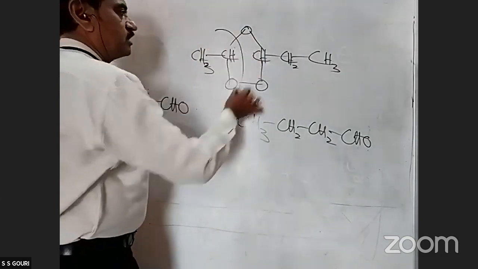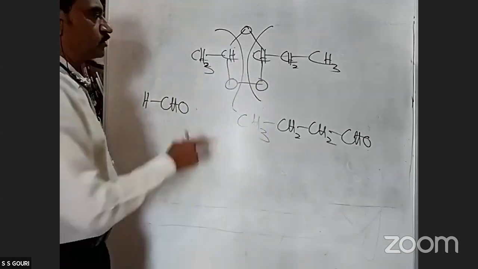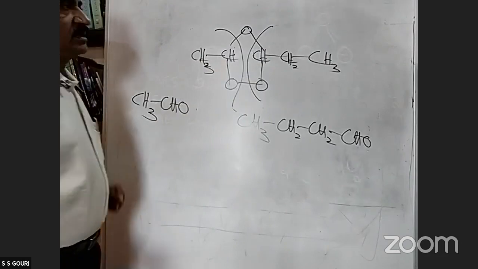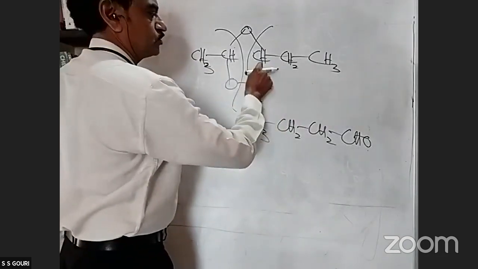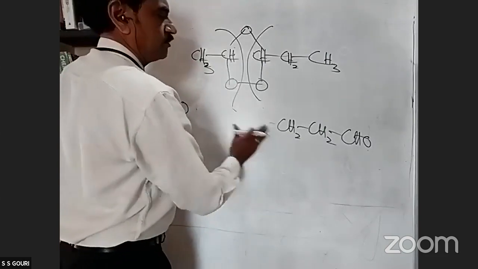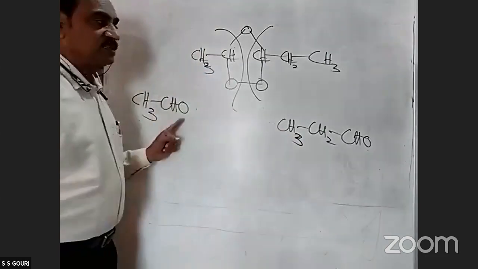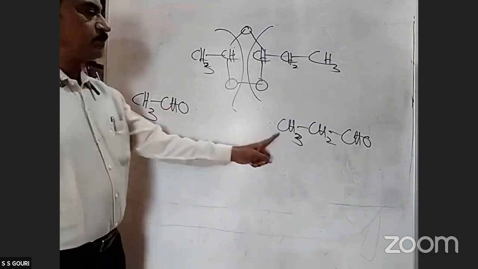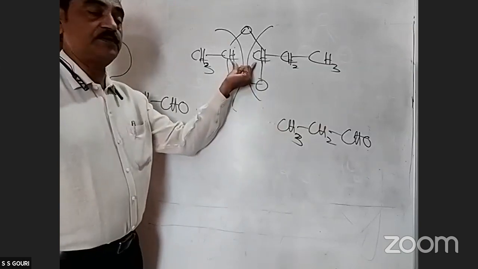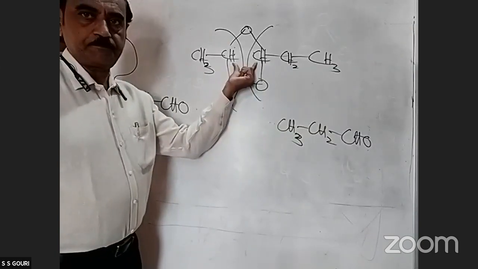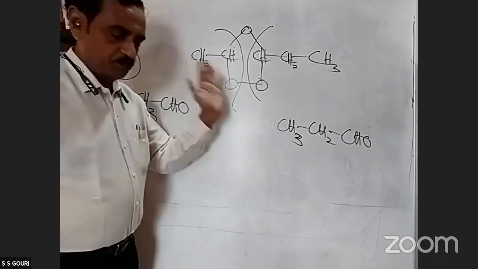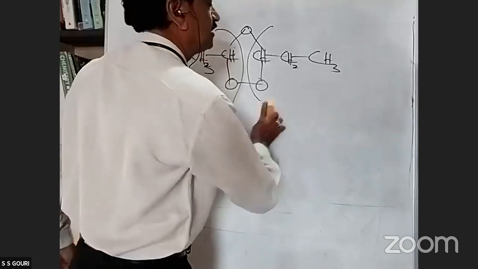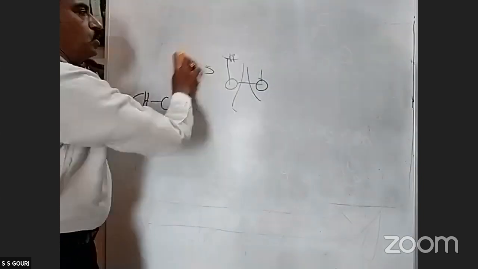And here the bond is broken, and what you get is CH3CHO, that is ethanal, and CH3CH2CHO, that is propanal. From the products formed, ethanal and propanal, you will come to know that the double bond is between the second and third carbon atom. Like this, the position of the double bond in an alkene can be located by using ozone.